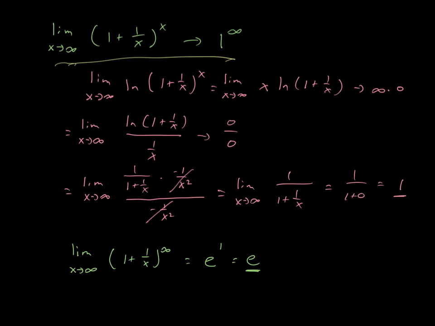And again, we have to remember we want to go through and undo the natural log. And I did make a mistake there. I see already this should be an x there, not infinity. But the limit as x approaches infinity of 1 plus 1 over x to the x power would then equal e to the first, which is just e.